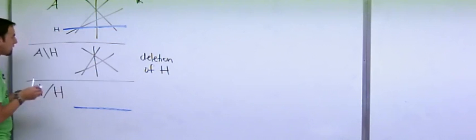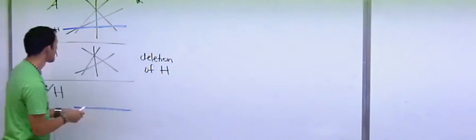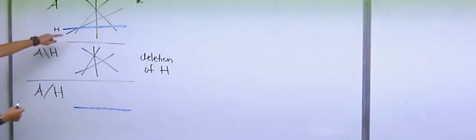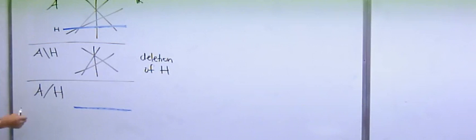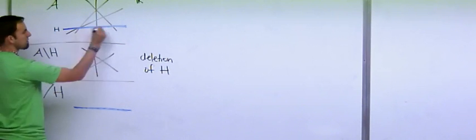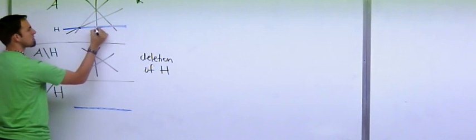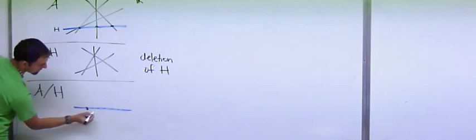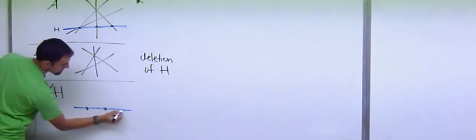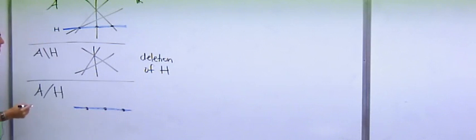And then you just look at the intersections of this guy with the other hyperplanes. In other words, you're going to see what things are living on this blue hyperplane H. Here you see this point, and this point. So you get this point, and this point. This is called the contraction of H.